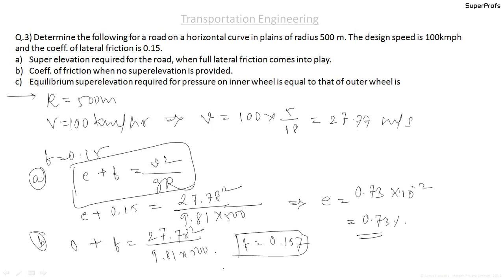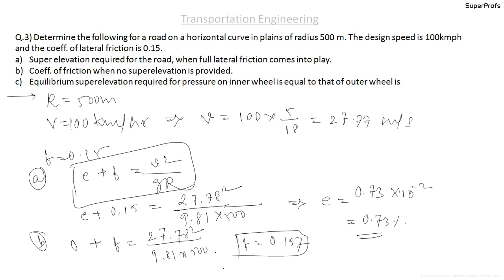Equilibrium super elevation required so that the pressure on the inner wheel is equal to that on the outer wheel. In order to go about question number 3C, what you should know is that for equilibrium super elevation, F equal to 0.